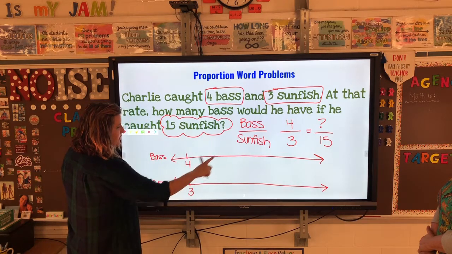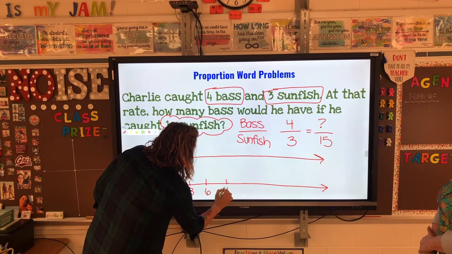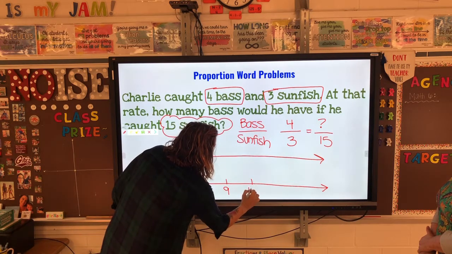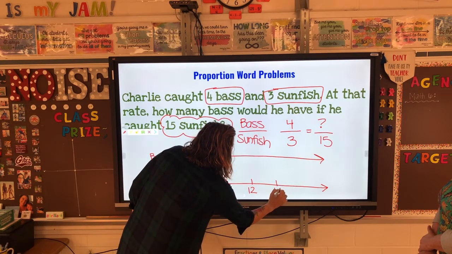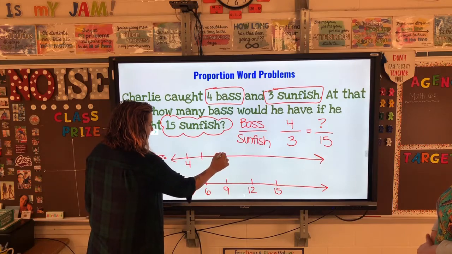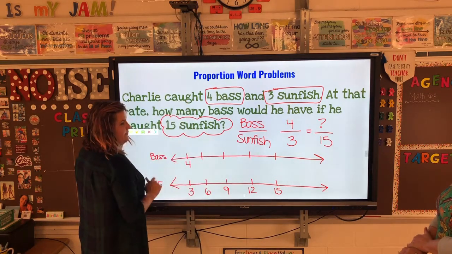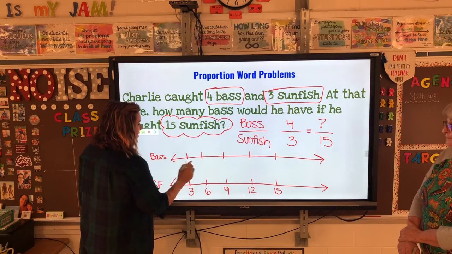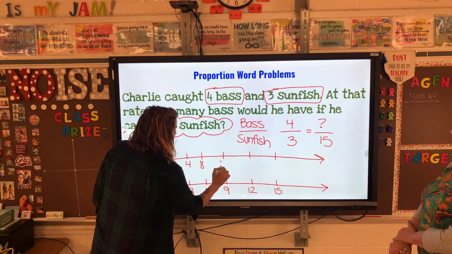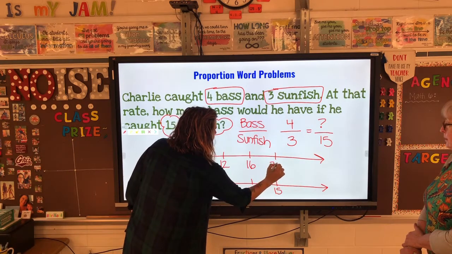So I'm going to get from 3 to 15. So I have 3, 6, 9, 12, 15. So I can stop there, and then I'm going to line up my little dashes. Every time you do this, I learn more about it. So I'm going to do 4, 8, 12, 16, 20.